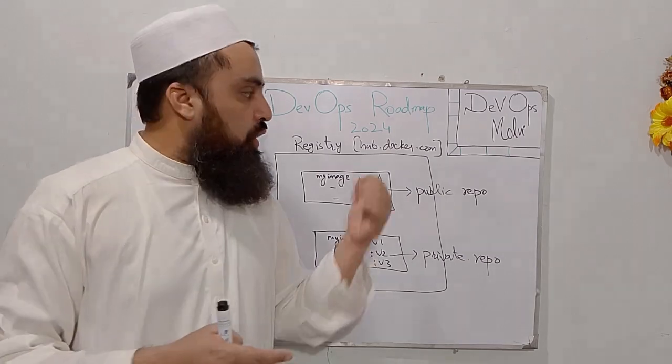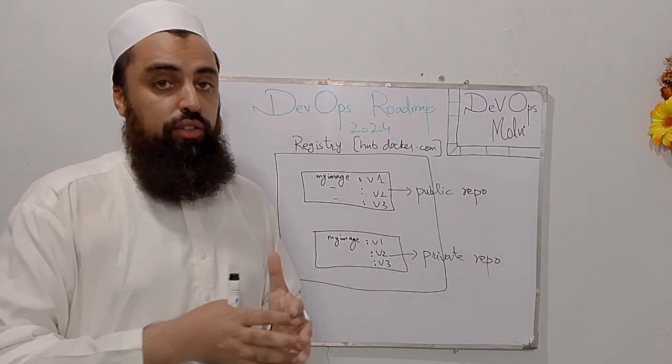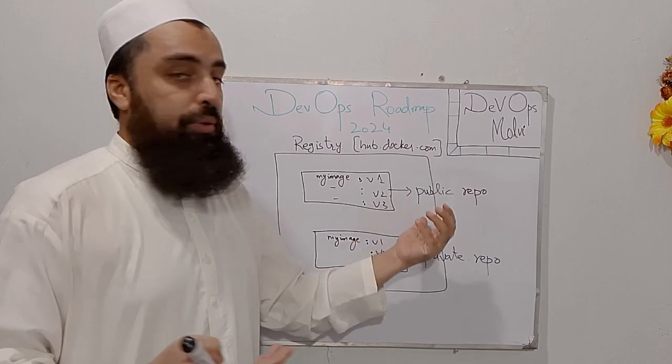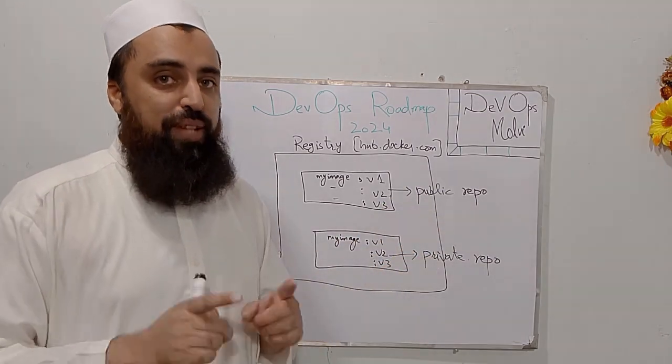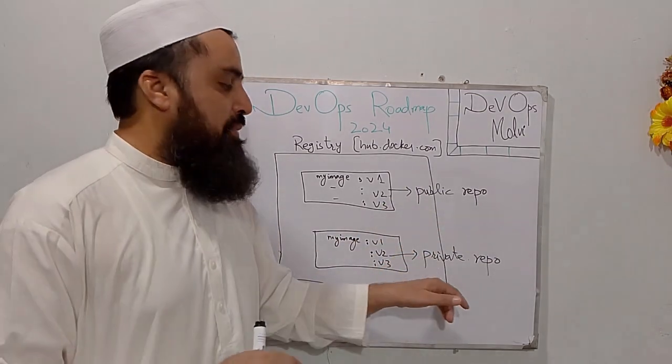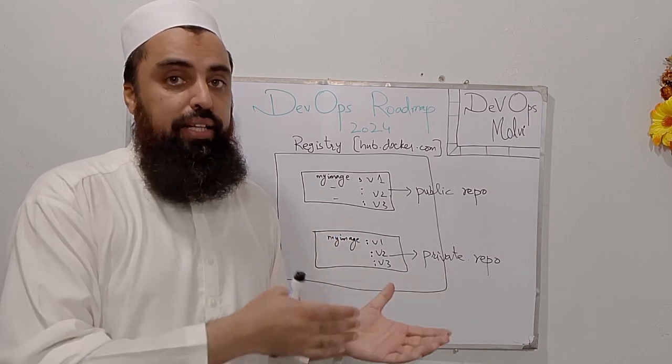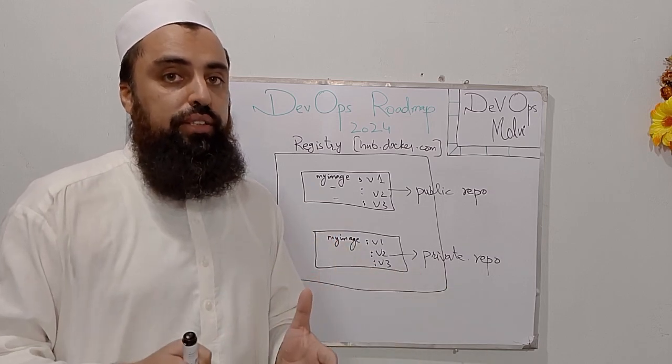In the free plan on Docker Hub, hub.docker.com, we can create unlimited public repositories, but the free plan offers only one private repository, and we will create both public and private repositories.